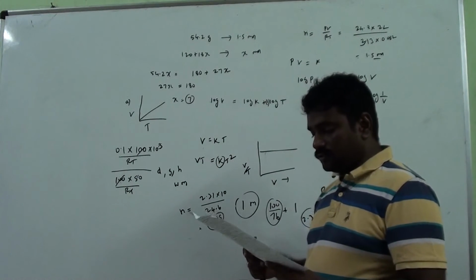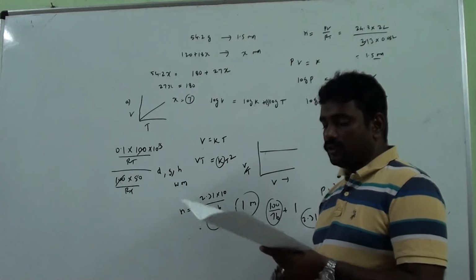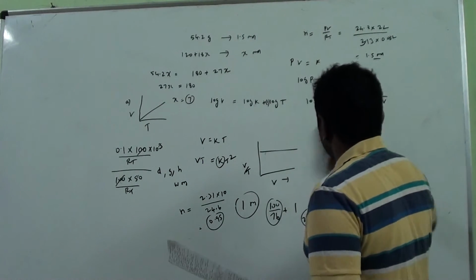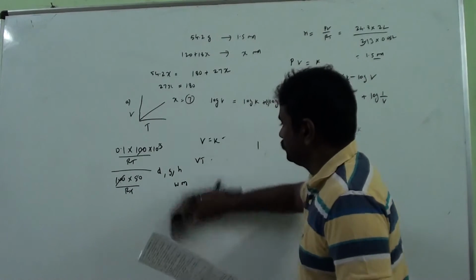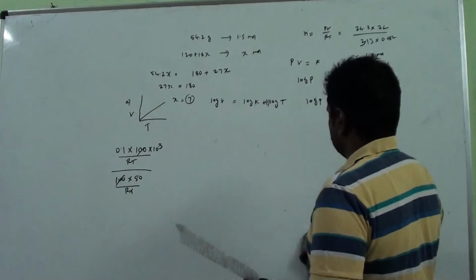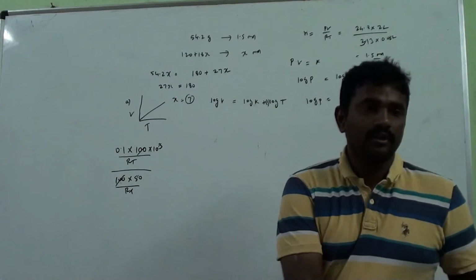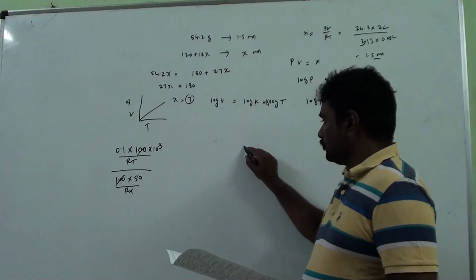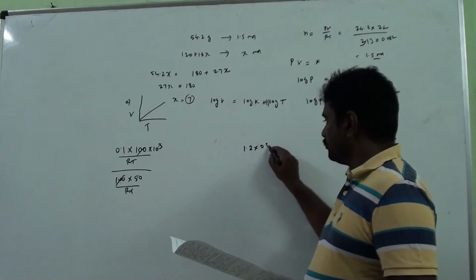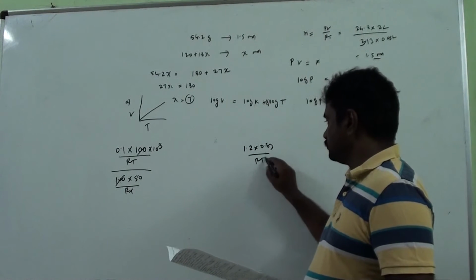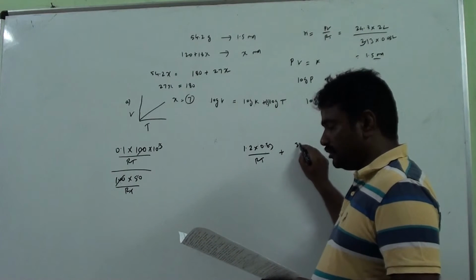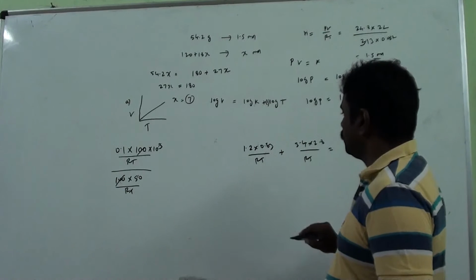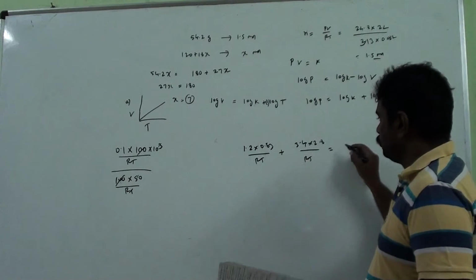Next, sixth question. You have to consider the moles before and after. Any answer then? So first container has N1 moles, next container N2 moles. So first container 1.2 into 0.63 by RT plus second container 3.4 into 2.8 by RT is equivalent to the new moles.